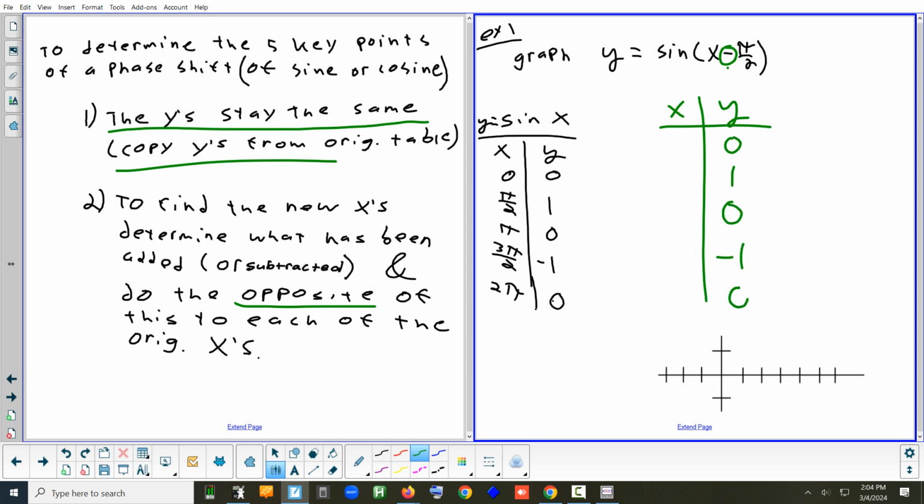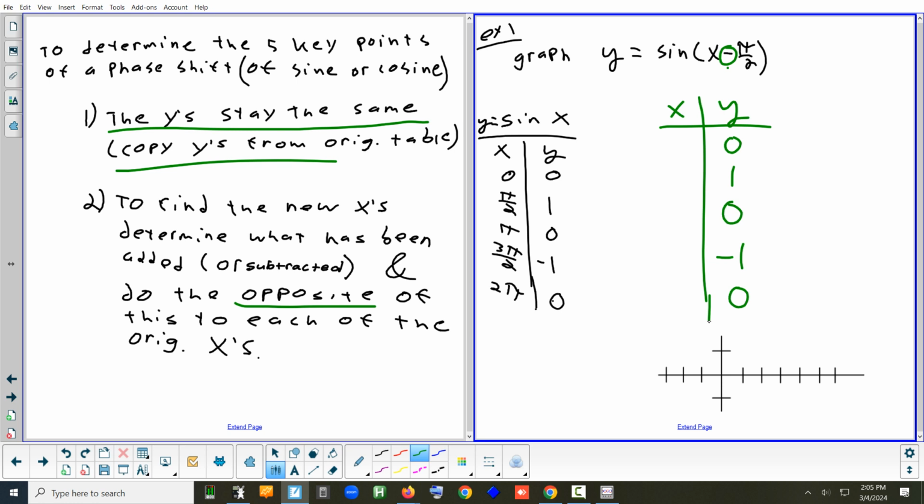Yep, perfect. The way this kind of problem gets graded on the test, you're going to have a table and a graph. You get 1 point for each x and y value you get right in the table. So the table is worth 10 points, a lot of points.